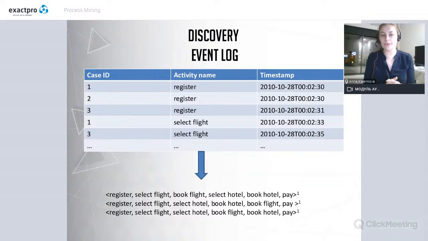What we can do, first of all, is filter our table according to case ID. Now we have all the traces, all the runs of our system.